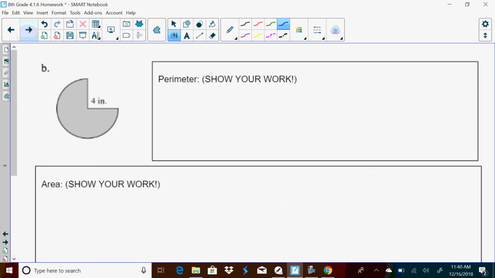Okay. The next one has to do with finding the perimeter, the circumference of this figure, which is like a circle with a corner cut out, and then also finding the area. So in order to do that, I found the circumference of the circle, and then I subtracted away this part of the circle. And then I added back on this part of the circle, the 4 and the 4. So in order to find circumference, I do diameter times pi.